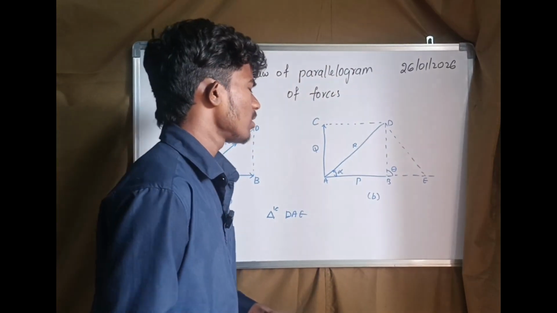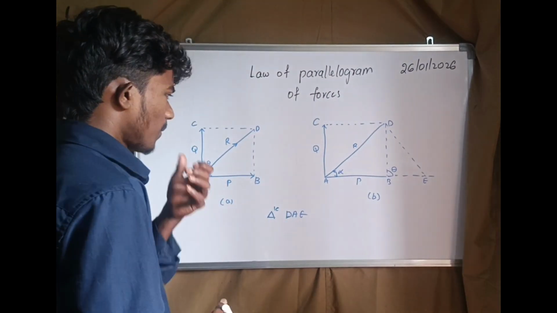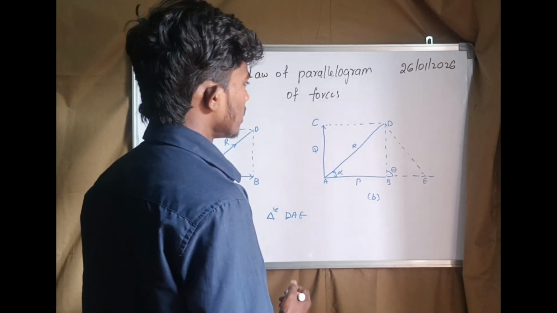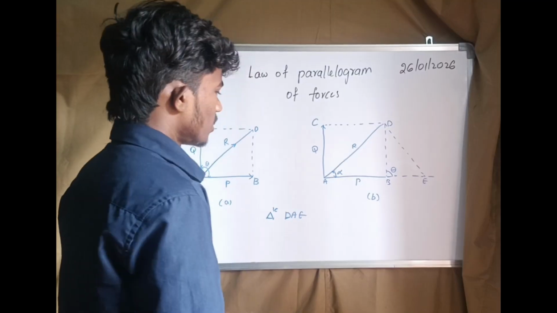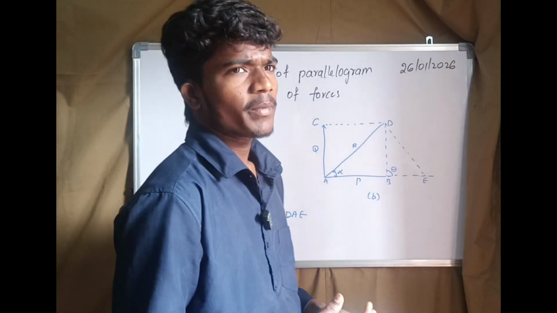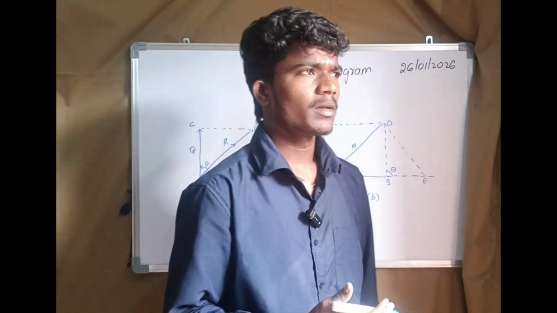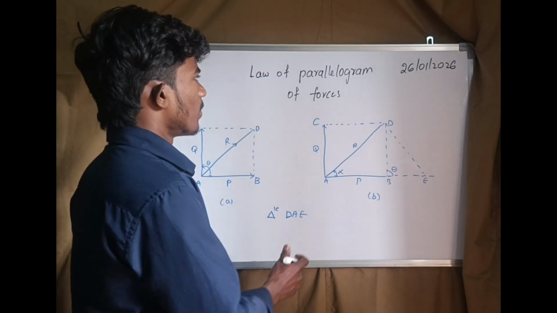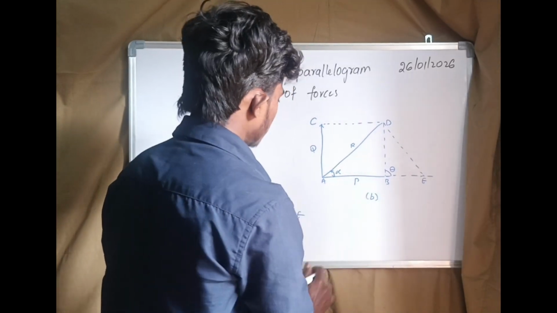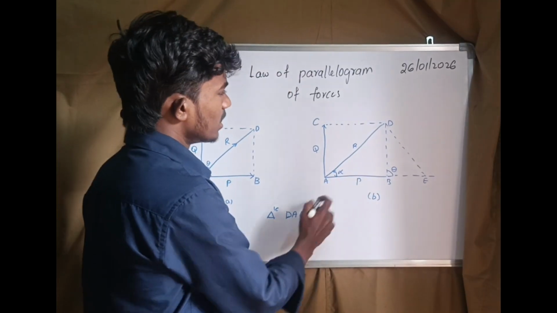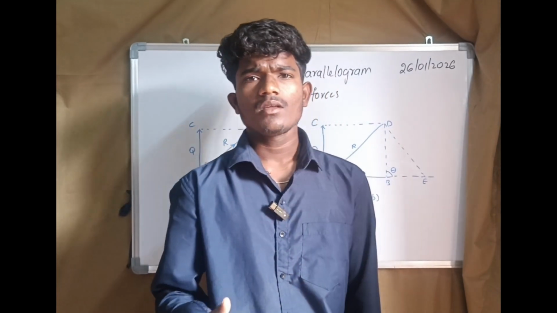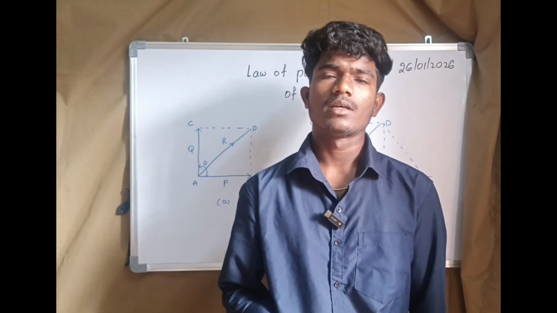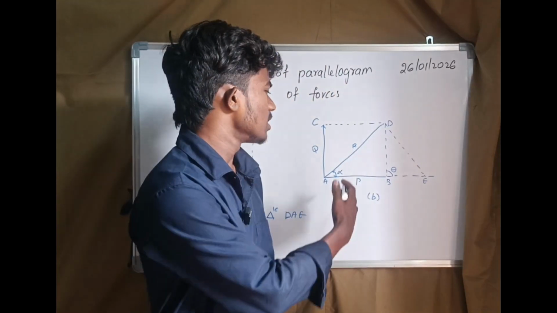Generally, the law of parallelogram of forces is used to determine the resultant of forces. The resultant can be determined by deriving from the parallelogram. By taking triangle DAE, we can find the resultant force and the angle made by the resultant.